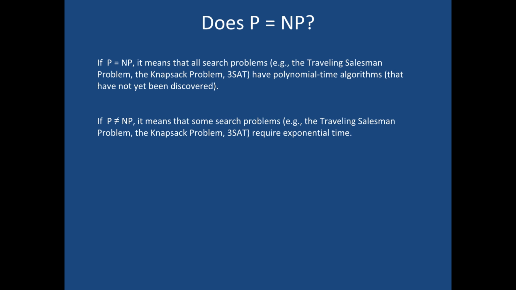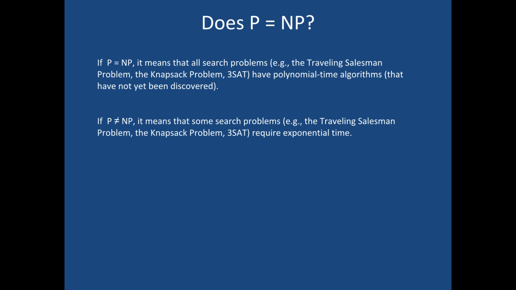And if you pick one NP complete problem and prove that it requires exponential time, it implies that all the NP complete problems require exponential time. Even though they're very different, they share this one characteristic. They either all can be done fast or they all can't be done fast. It's not like we're going to find a fast solution for the traveling salesman problem, but not for 3SAT. If we solve one, we've solved them all.